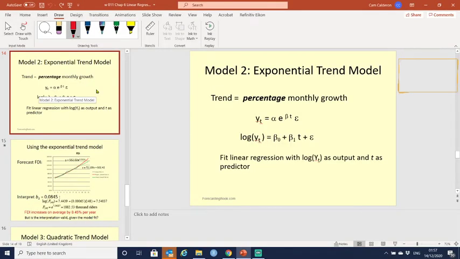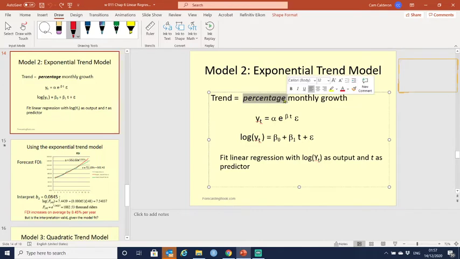So this is model 2, the exponential trend model. We already did some exponential forecasting, right? Well, exponential smoothing. The main idea is that we are going to calculate a trend that is in percentage, so it's growing on a percentage basis.